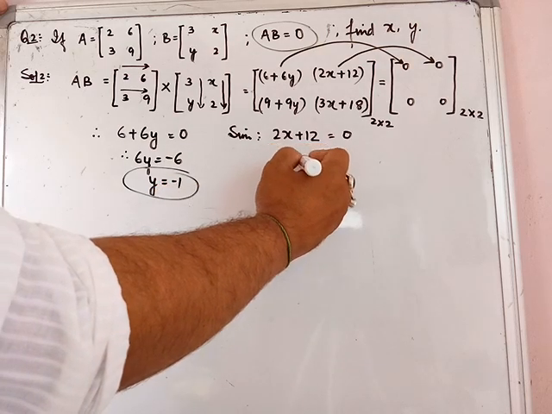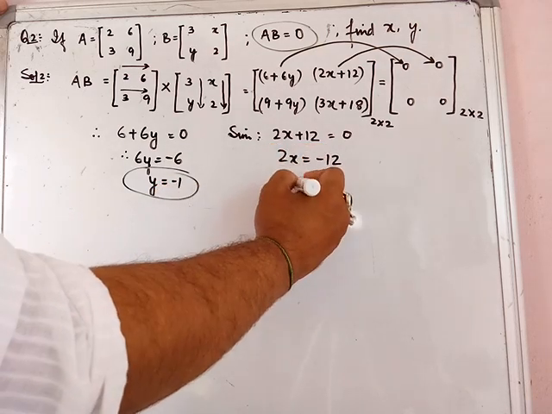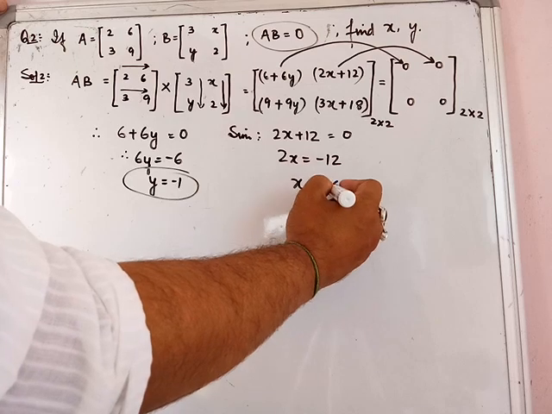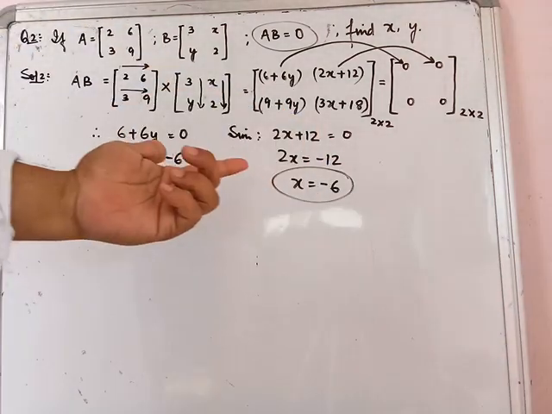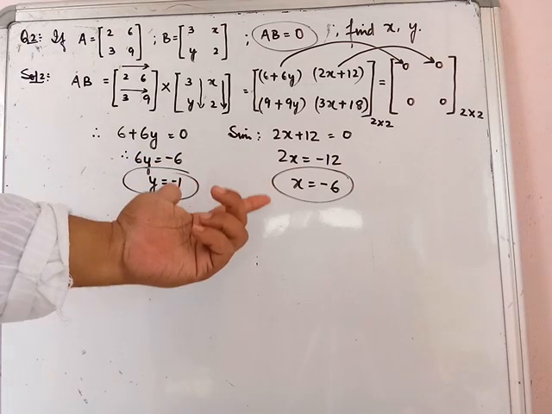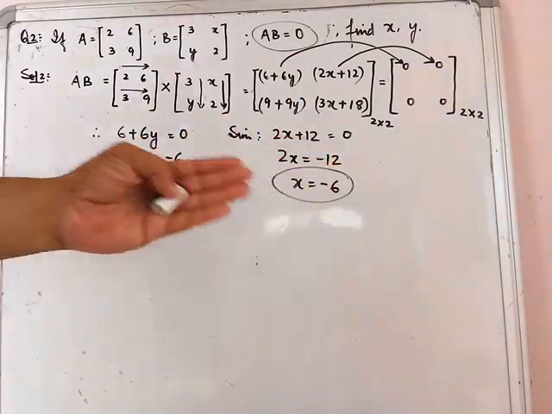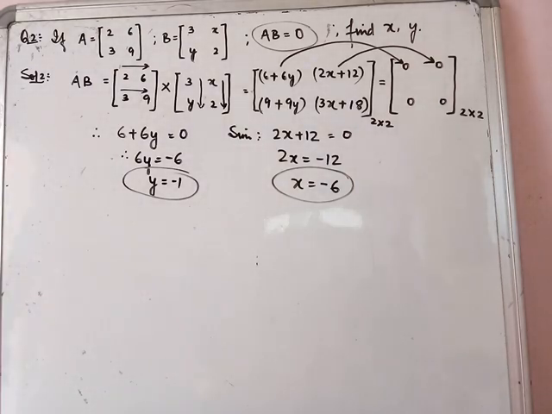So therefore we have 2x is equal to minus 12 and x is equal to minus 6. Okay, because 2 6s are 12. So these are the two required values. Find x and y. X is minus 6, y is minus 1. Clear? So this is another type of question.